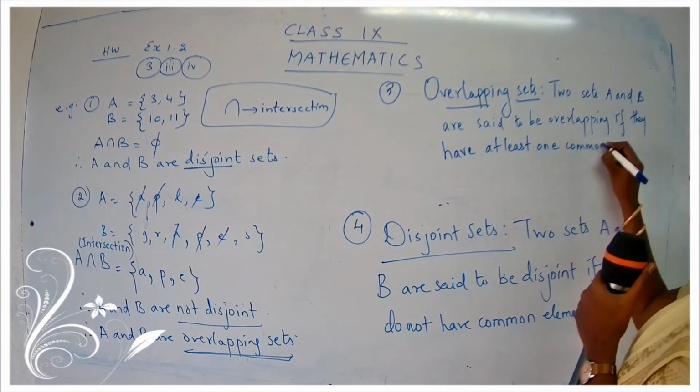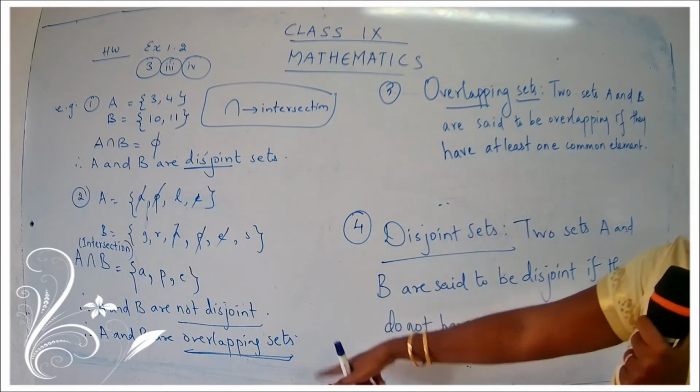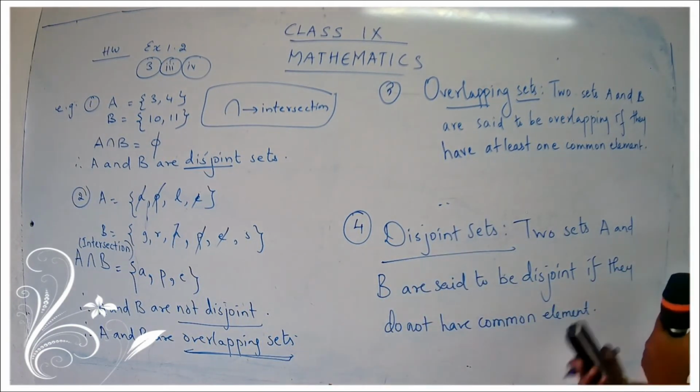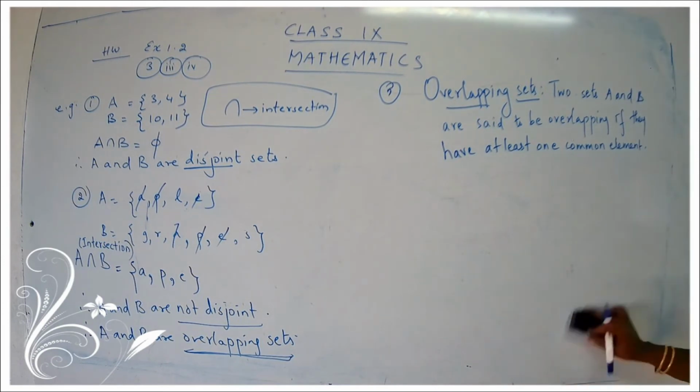So already we have seen an example of an overlapping set, yes? So what is the meaning of overlapping? Two sets A and B are said to be overlapping if they have at least one common element.